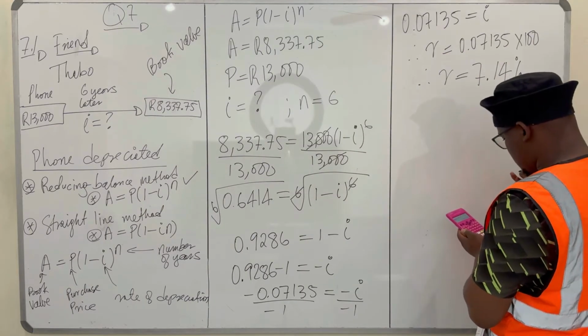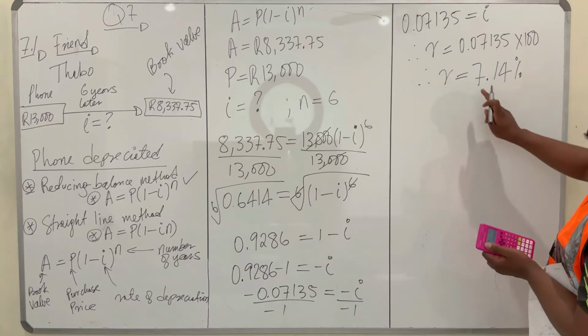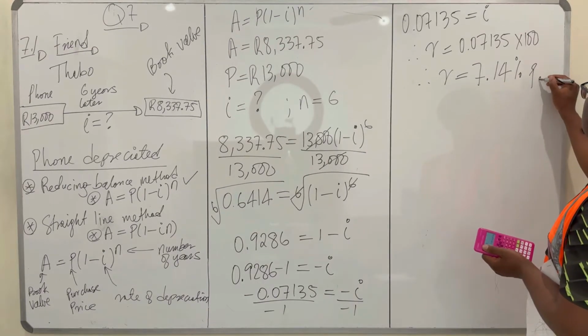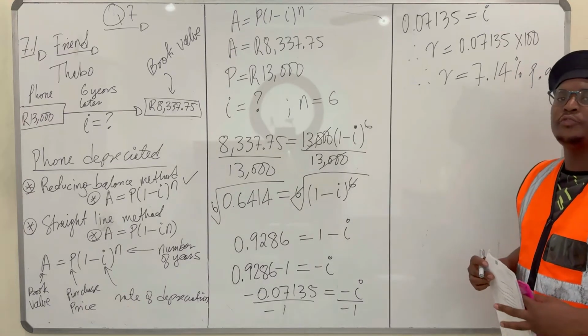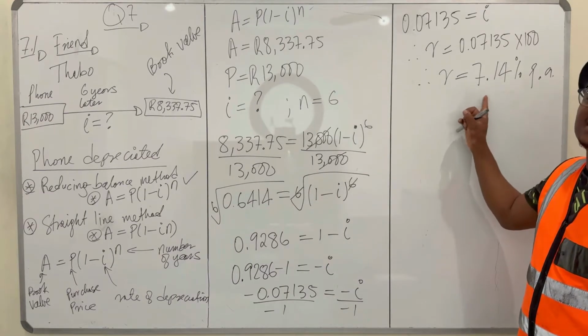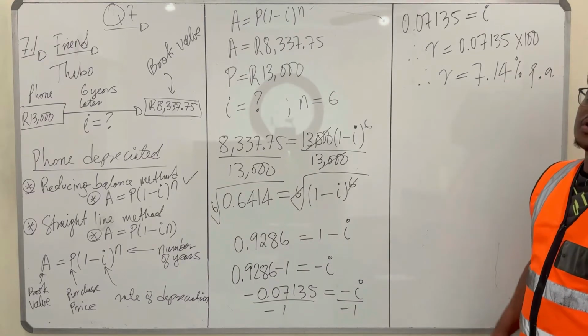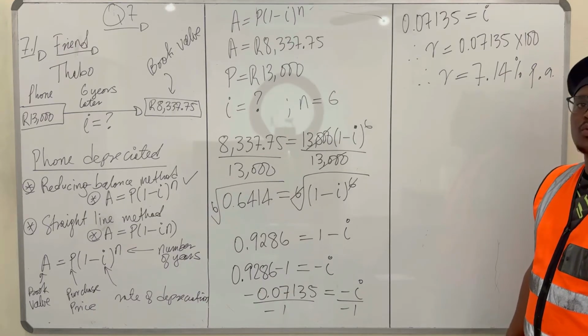That's what you get. So the rate of depreciation is 7.1% per annum, because you were told that this phone was depreciating annually, which means it was depreciating at a percentage of 7.14 per annum. And you are done with 7.1.